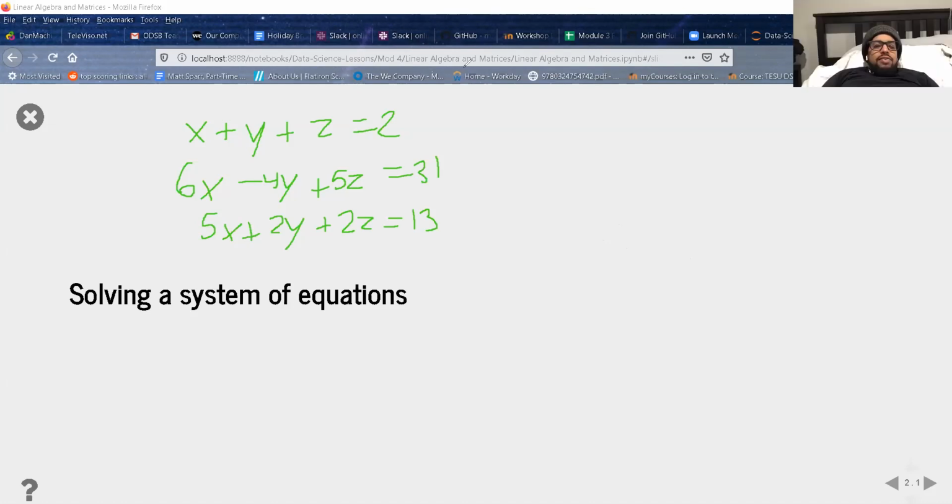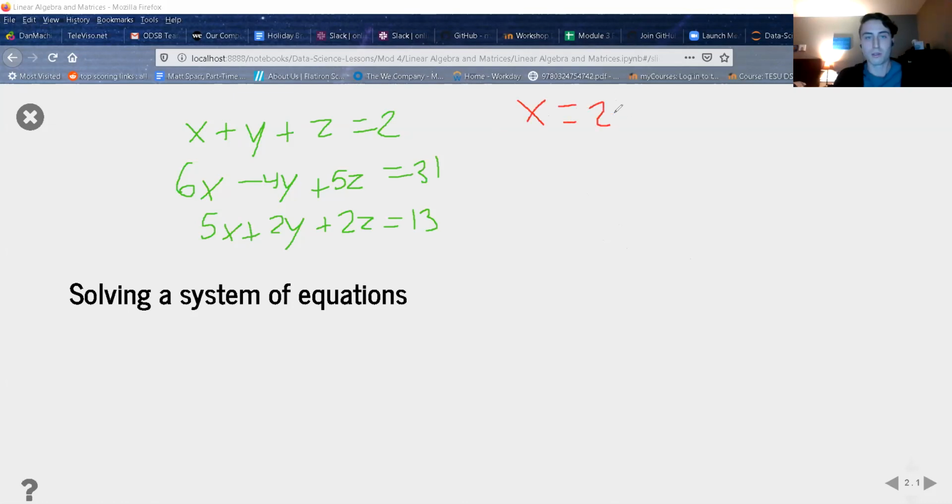I'll probably solve for one of the variables and plug it in. That's what I was thinking. Yep. So let's just solve for x at the top. So x is going to equal 2 minus y minus z. All right, and so now we can plug that into one of these two. So we'll plug it into the second one maybe.